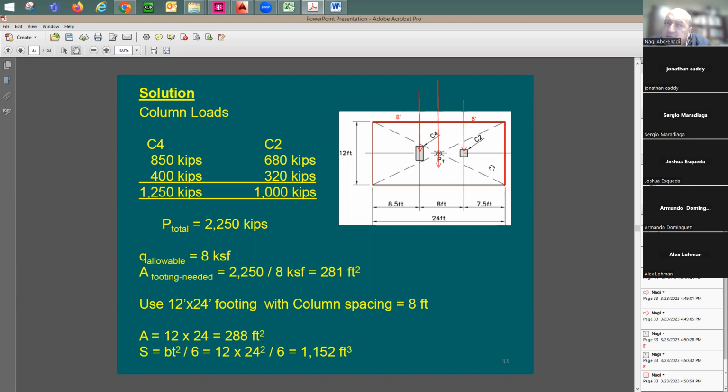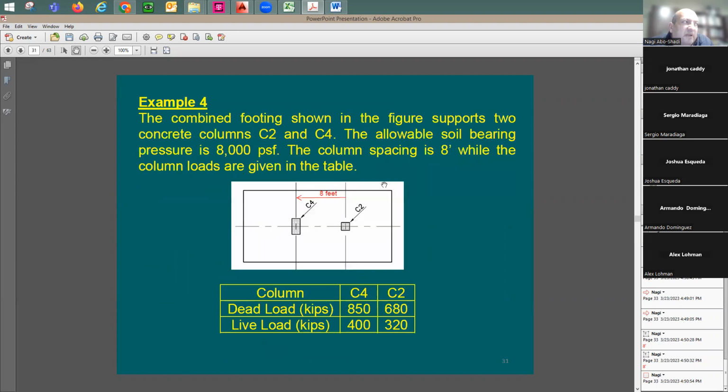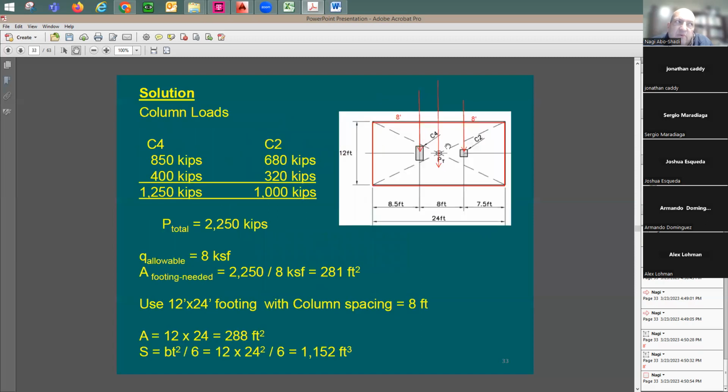It should have been included in there, but it was ignored because this value here is net. But if you'd like to do a detailed analysis, you need to include the weight of the footing. As a matter of fact, in the next example, we're going to be including it, and you're going to see this for yourself. Okay, thank you. No problem. Good question, good comment, Al.